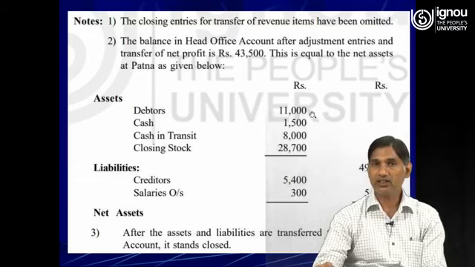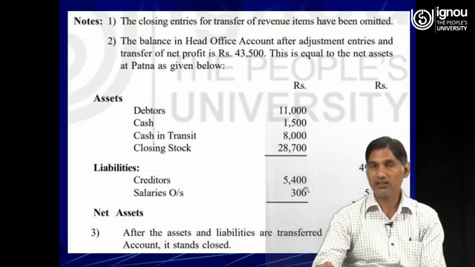So debtors given, cash given, cash in transit given, closing stock given. Total is 49,200. Creditors are given, outstanding salaries are given in adjustment. Total is 5,700. So if we subtract the amount of 5,700, that is the amount of liability, from the total amount of assets, that is 49,200, it comes to 43,500.